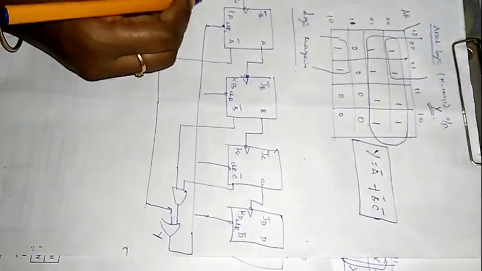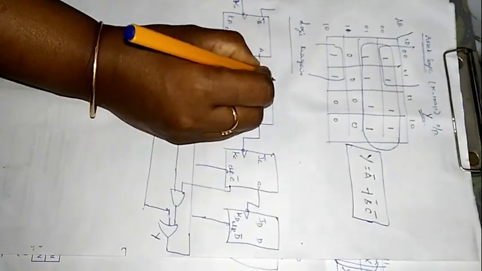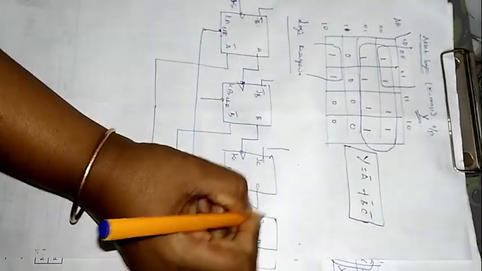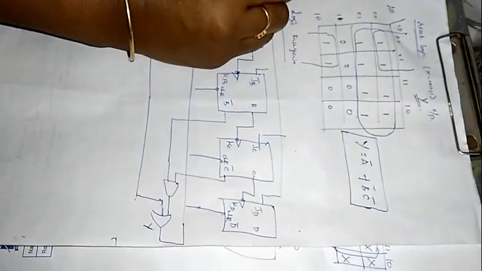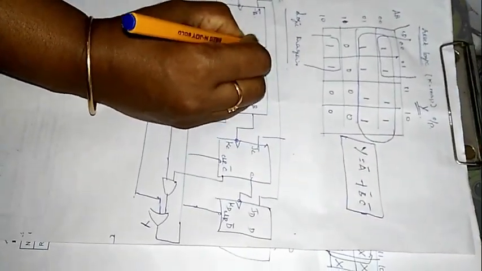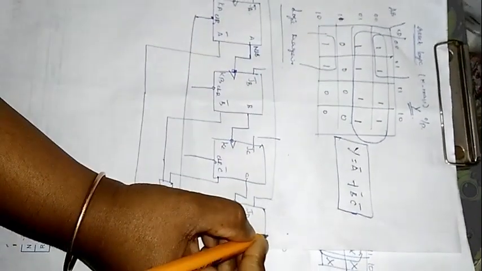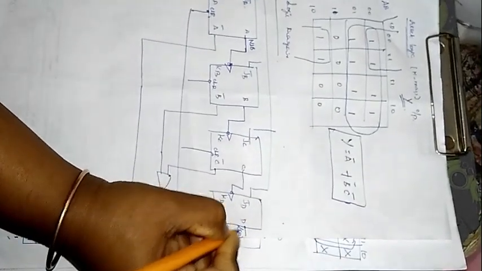And now your JA, JB, JC and JD will be connected to a logic 1. Okay, so this will be your most significant bit, and this will be your LSB.